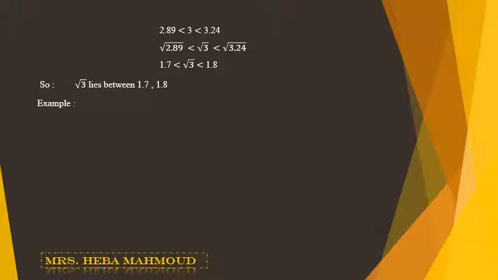Now, since 3 is bigger than 2.89 and smaller than 3.24, if we take the square root of all of these numbers, root 3 is bigger than root 2.89 and smaller than the square root of 3.24. So the square root of 3 is bigger than 1.7 and smaller than 1.8. So root 3 lies between 1.7 and 1.8.